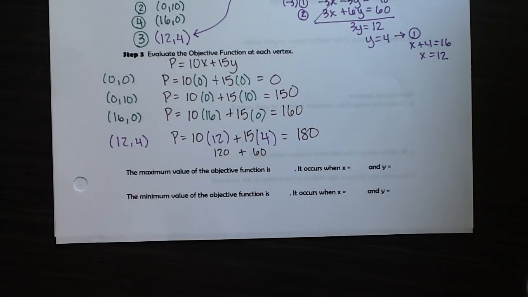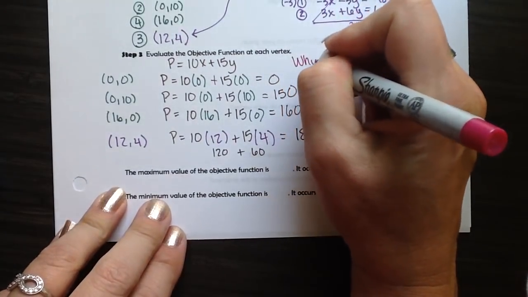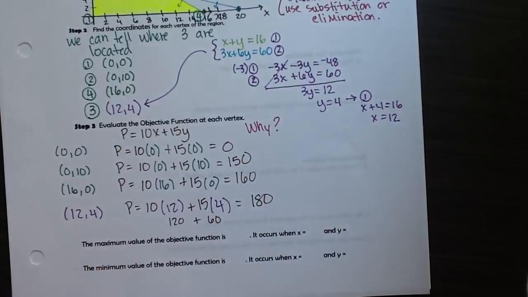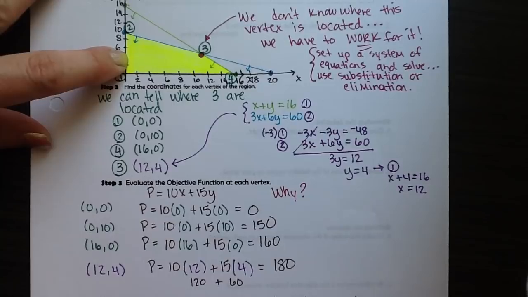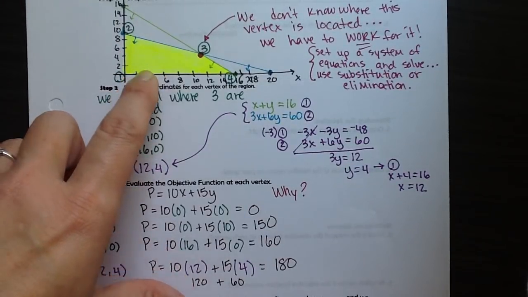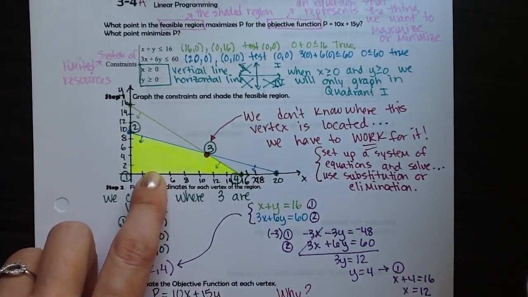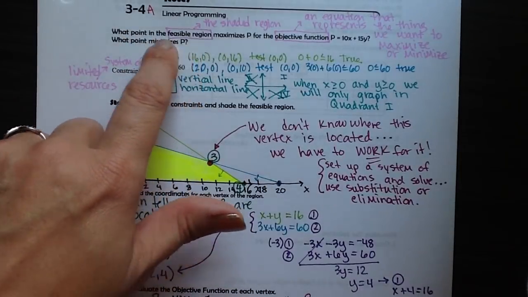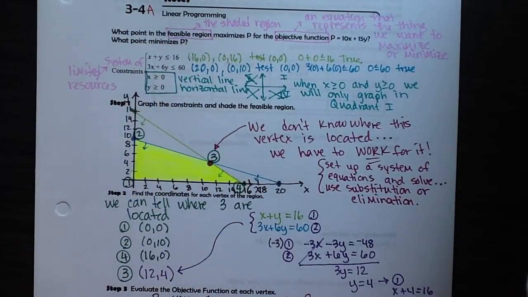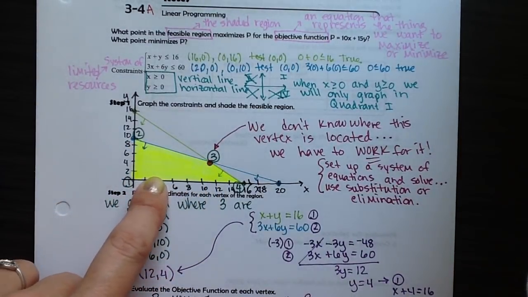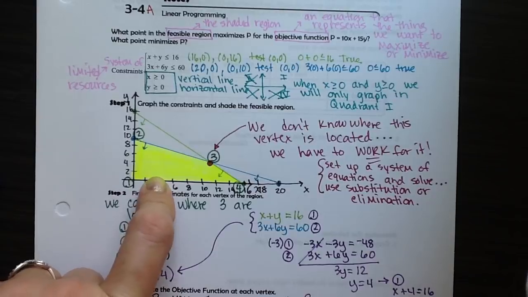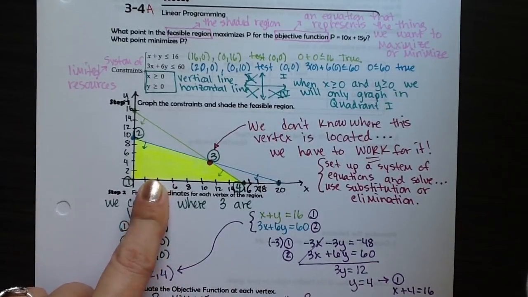Now, why do we do that? This feasible region, the entire highlighted region, are all combinations of ordered pairs that make this system of inequalities true or work. So all of the ordered pairs in there would be a legitimate solution to that system of inequalities.